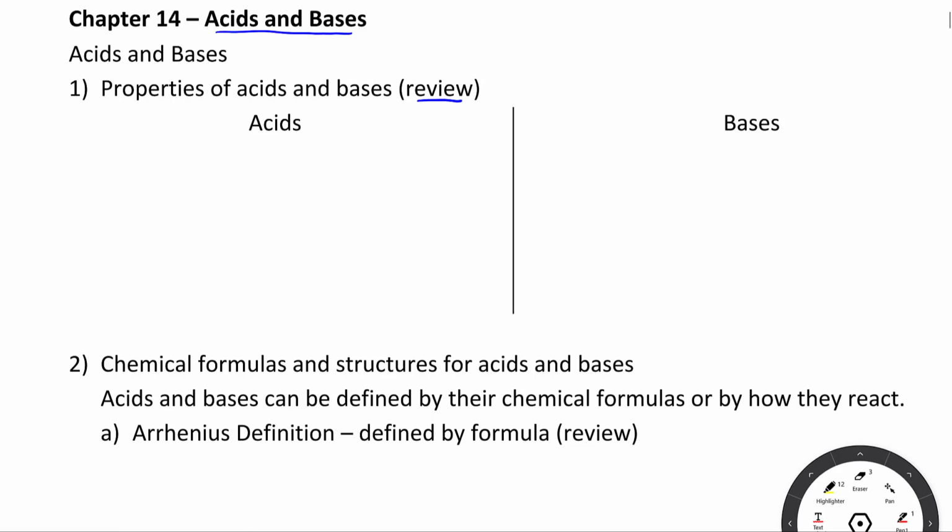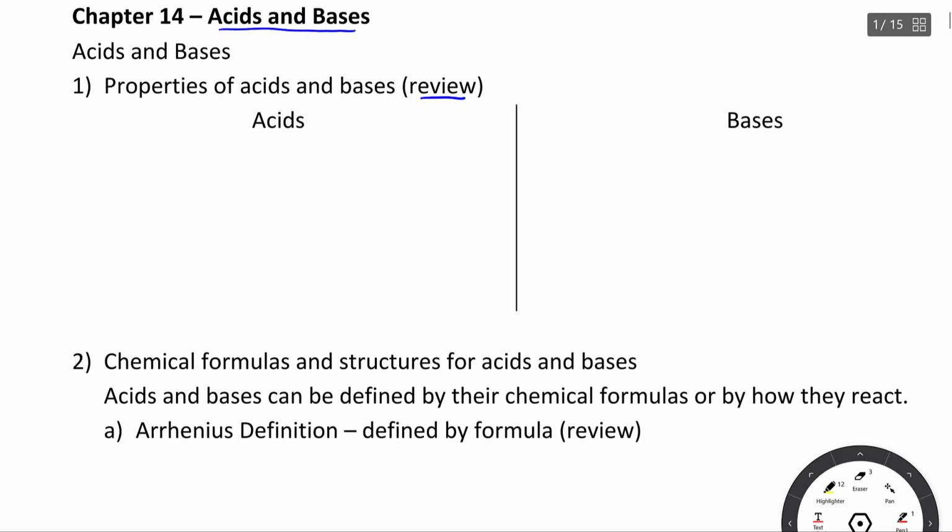So, properties of acids. One of the first properties they always say about acids, and one of the first things we also tell you not to do, is not to taste chemicals. But acids are sour and bases are bitter. Other properties of bases: they're slippery, or they have a slippery feel.